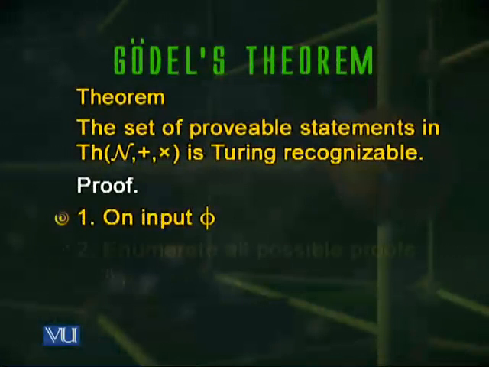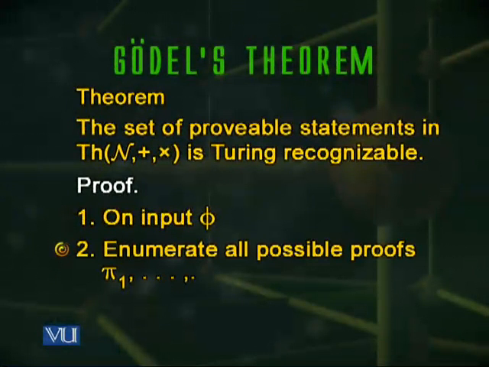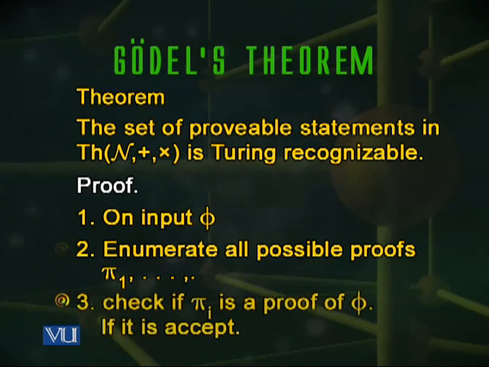This Turing machine is described as follows. On input phi, enumerate all possible proofs, pi 1, pi 2, pi 3, pi 4, and so on, and check if pi i is a proof of phi. If it is, accept. So, if we give this algorithm a provable statement, since the algorithm is systematically going through all possible proofs, it will eventually find a proof of this statement and halt and accept.